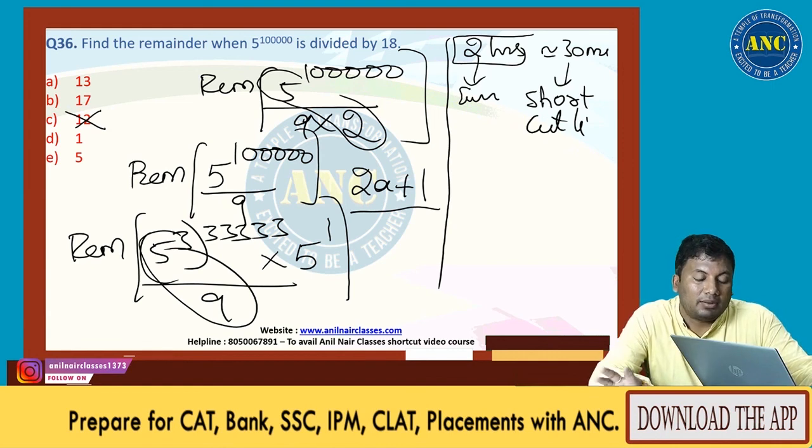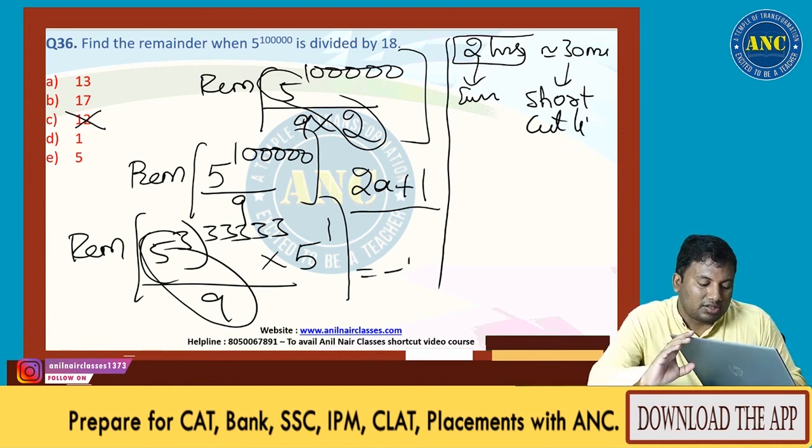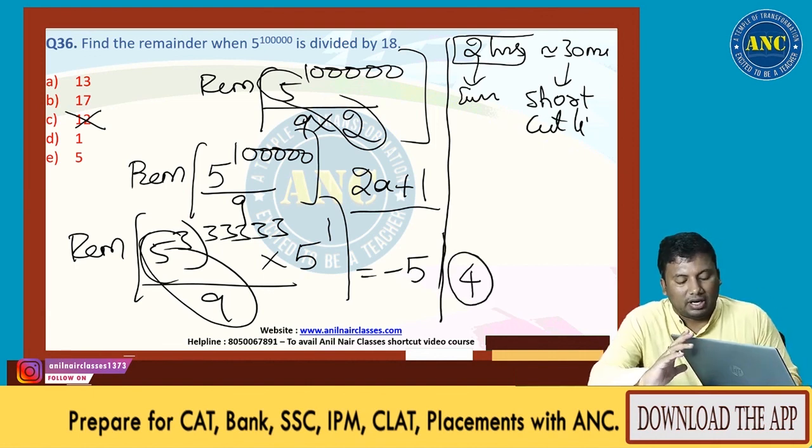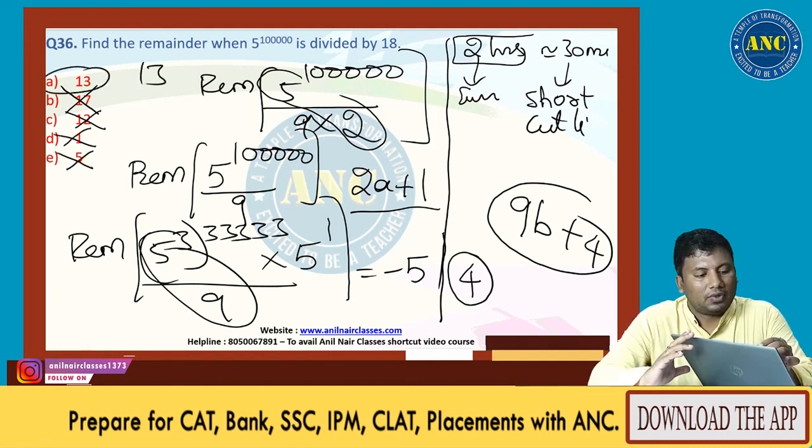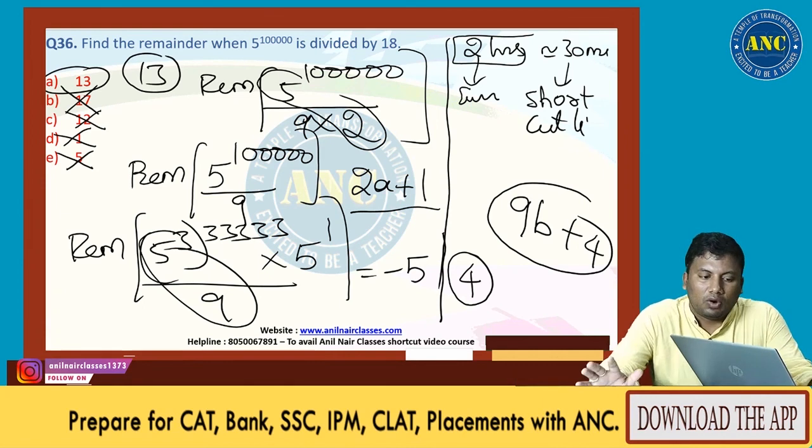Remainder is minus 5, a negative remainder. The positive remainder is 4. The answer should be of the form that when divided by 9 it gives a remainder 4. 17 no, this is no, this is no. The answer is 13. I hope it is clear.